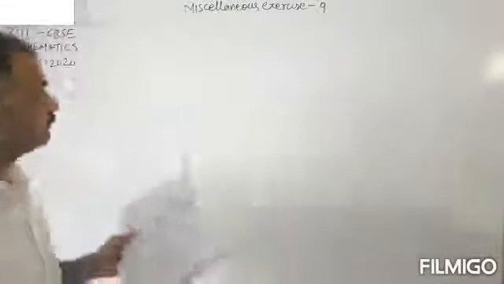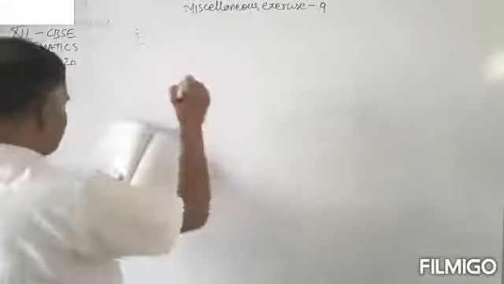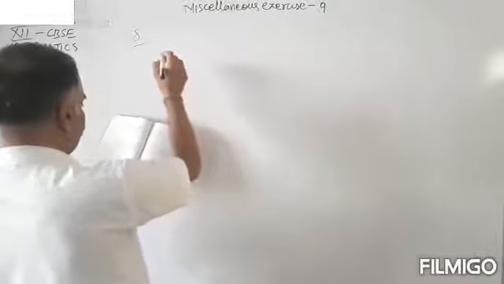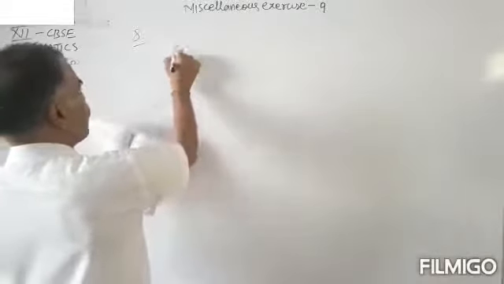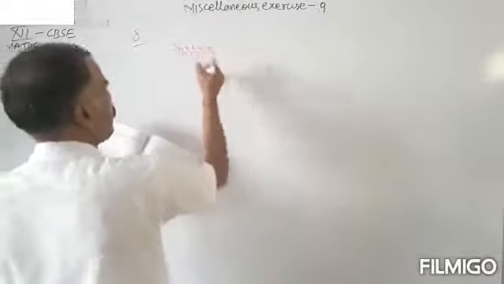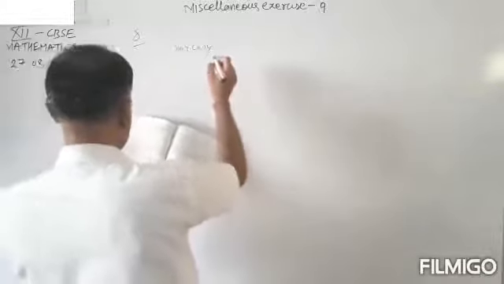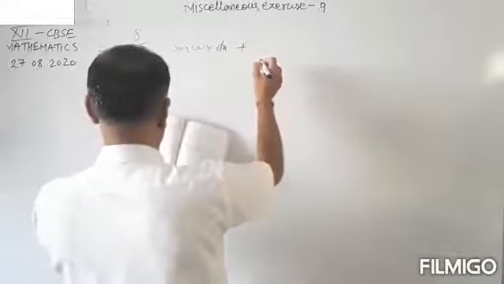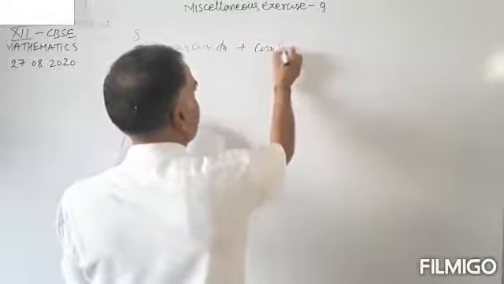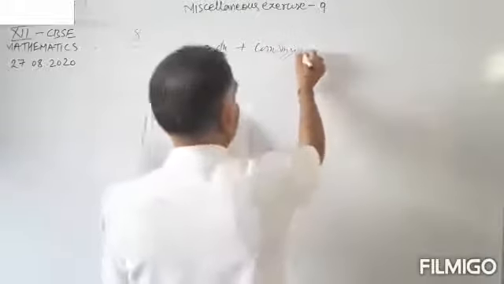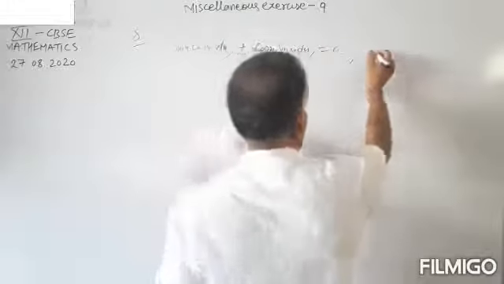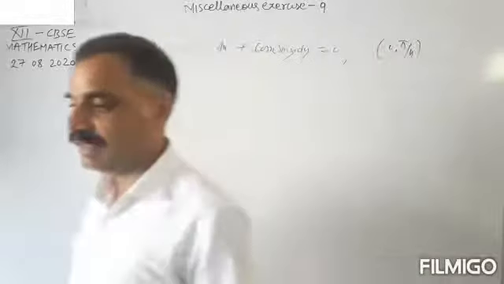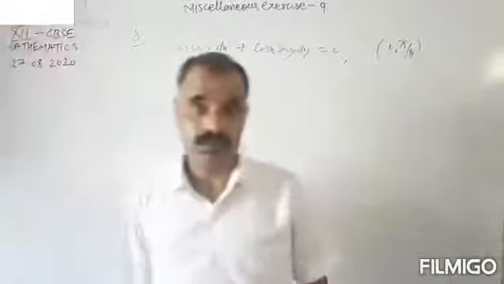Question number 8 is given as: find the equation of the curve passing through (0, pi by 4). The differential equation is sin x cos y dx plus cos x sin y dy is equal to 0. The curve is passing through the point (0, pi by 4).